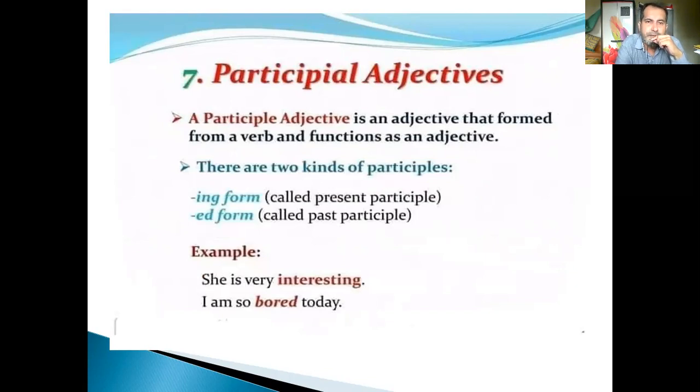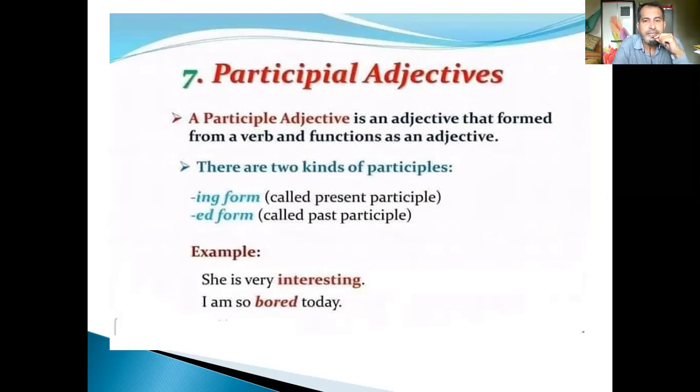So if I add ing with a verb, a present participle is formed, or we can use ed, and a past participle is formed. So both participles, present participle and past participle, can function as adjectives.